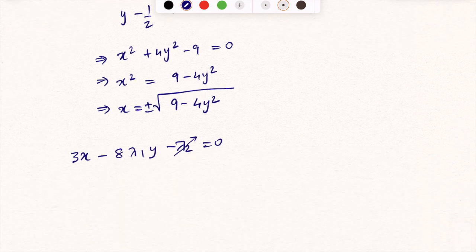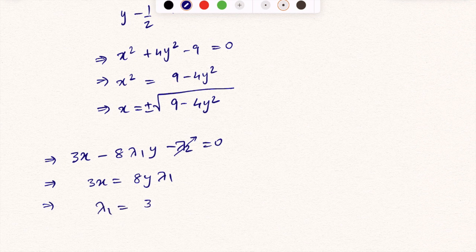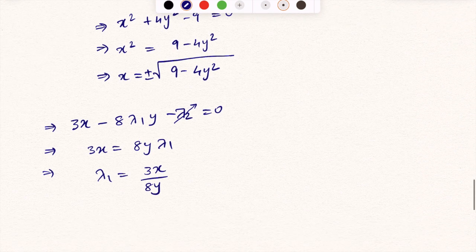I'm going to express lambda 1 in terms of x and y. So you have 3x is equal to 8y lambda 1, which means lambda 1 is equal to 3x divided by 8y.